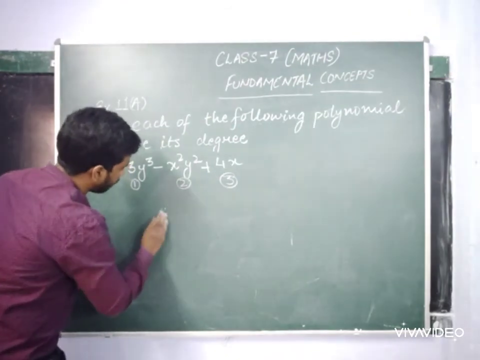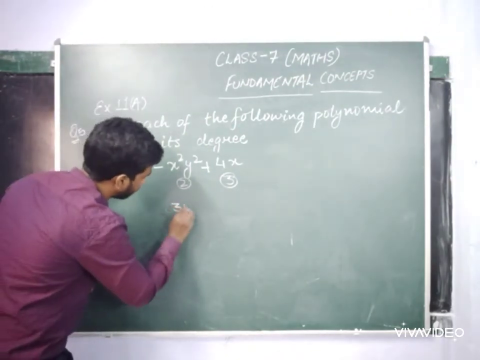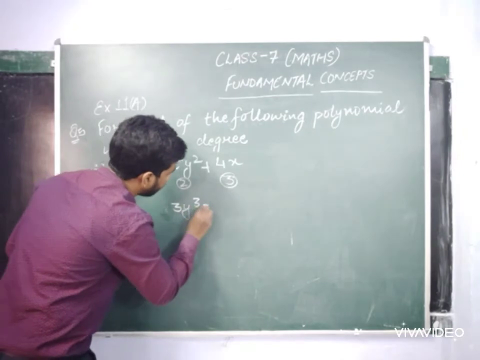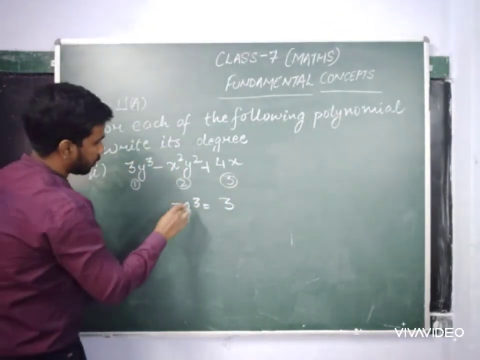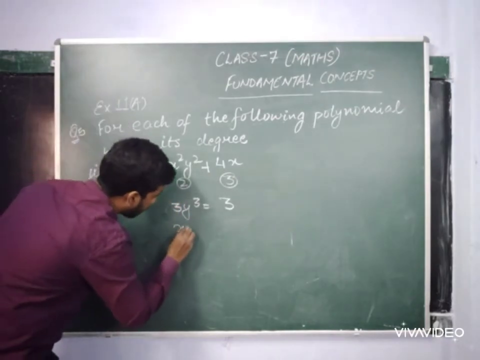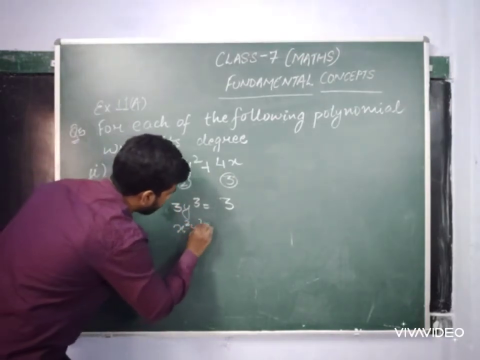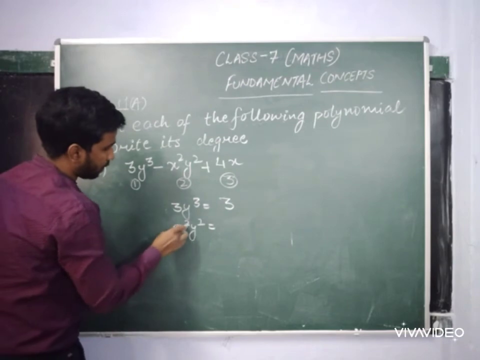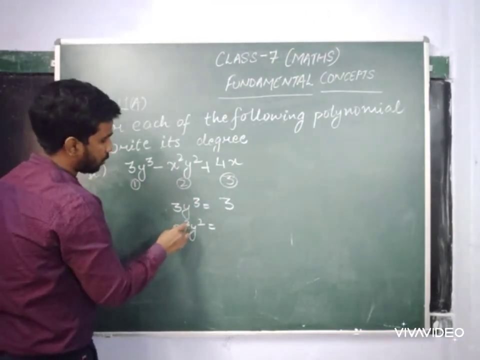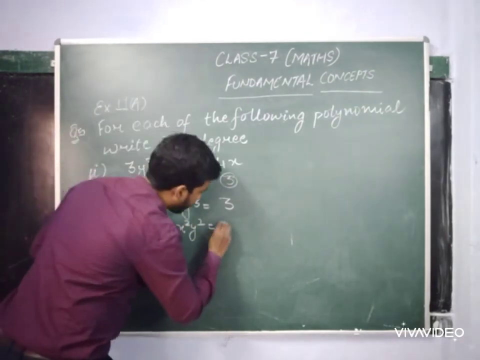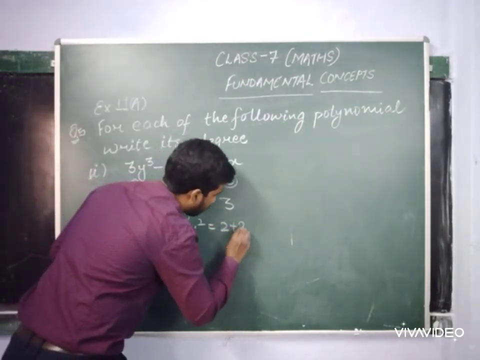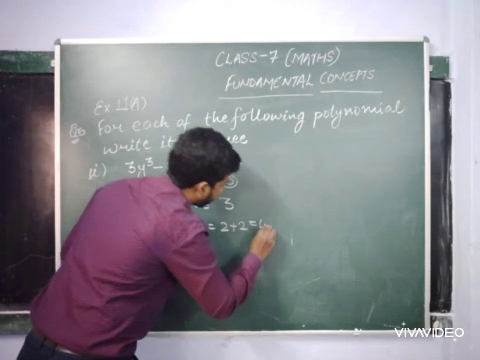First we will take out the degree of 3y cube, which is 3, then x square y square. The exponent of x is 2 and the exponent of y is 2. So the sum of the exponents is 2 plus 2, that is 4.